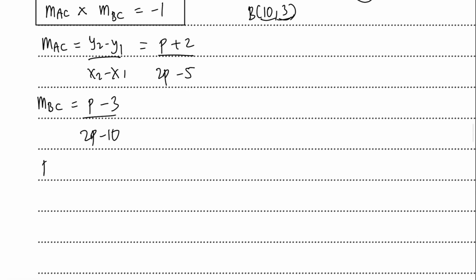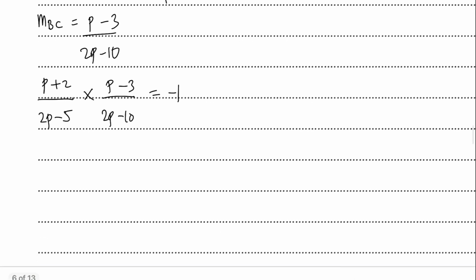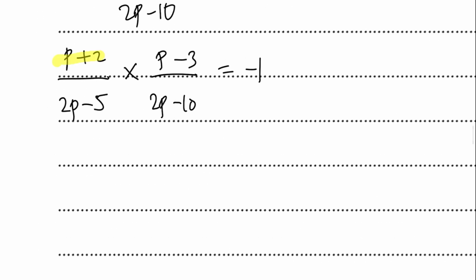So we multiply (p + 2)/(2p - 5) multiplied by (p - 3)/(2p - 10) equals -1. So let's multiply the top part with the top part.